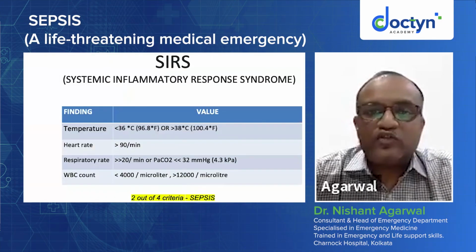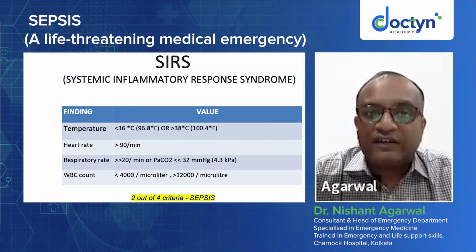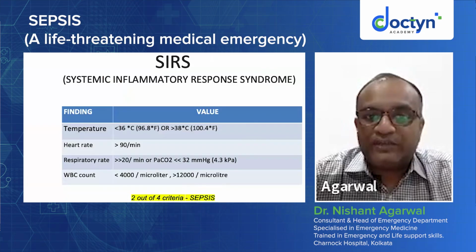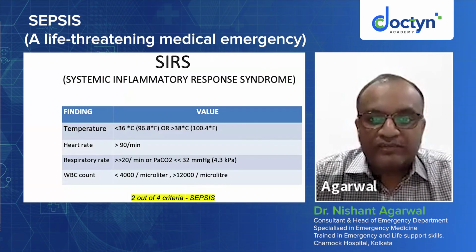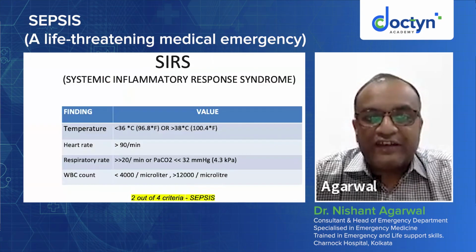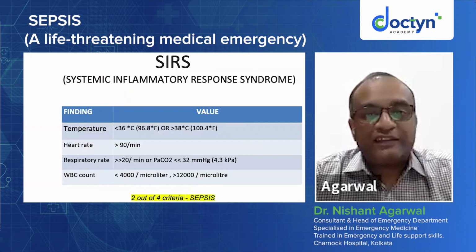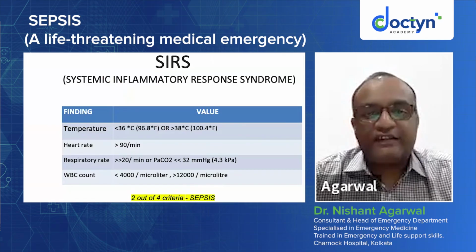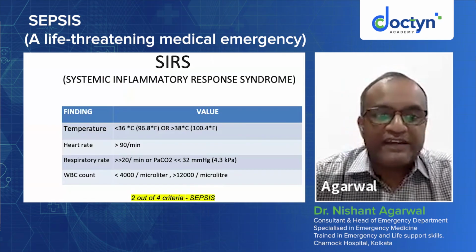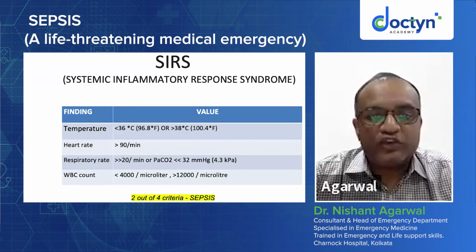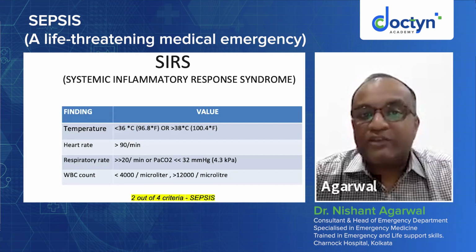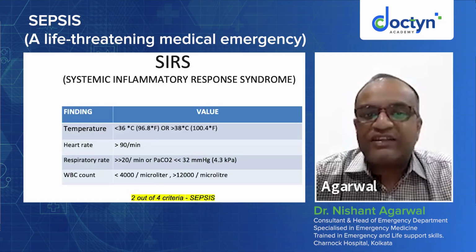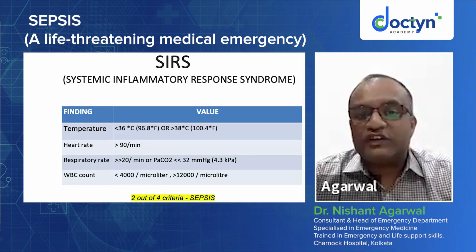Earlier, it was used to label as SIRS for the identification of sepsis, which is systemic inflammatory response syndrome. The criteria for this is temperature of less than 36 or more than 38 degrees Celsius, heart rate of more than 90, respiratory rate of more than 20, or a PCO2 of less than 32. Because when the patients are septic, they have a faster breathing rate and the PCO2 washes out.